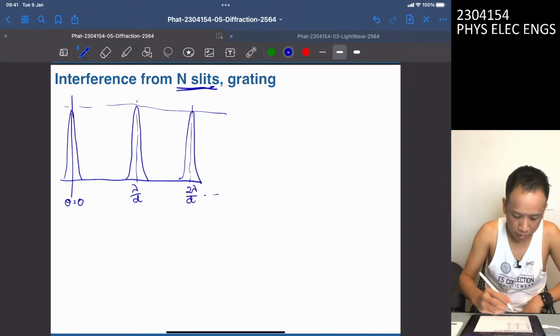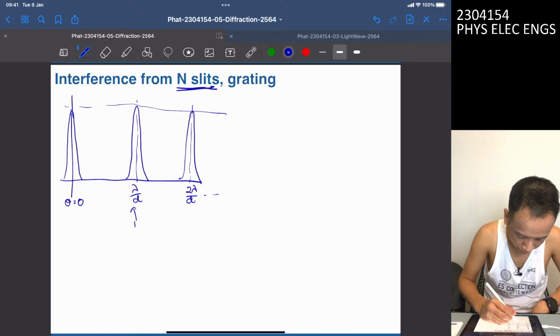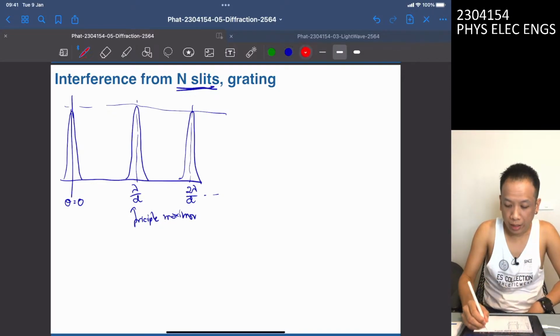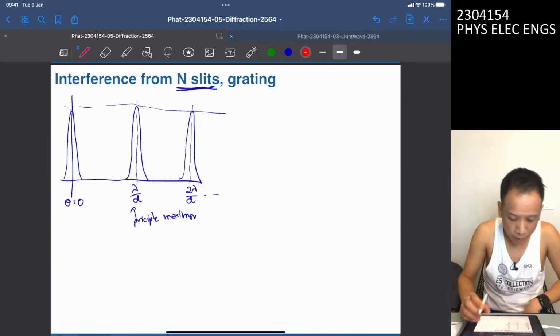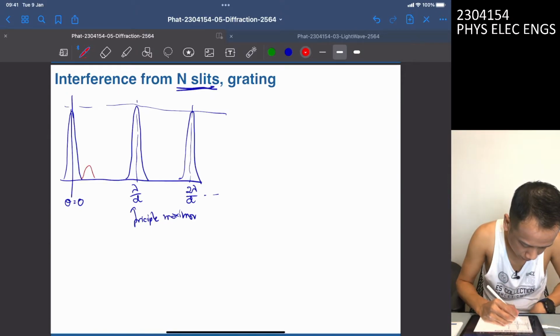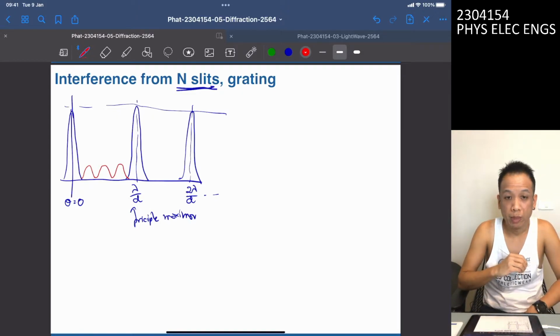This is the principal maxima. And then you're going to have the small ones, which are the minima and the secondary maxima.